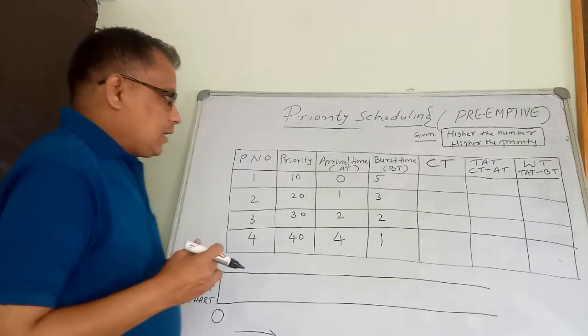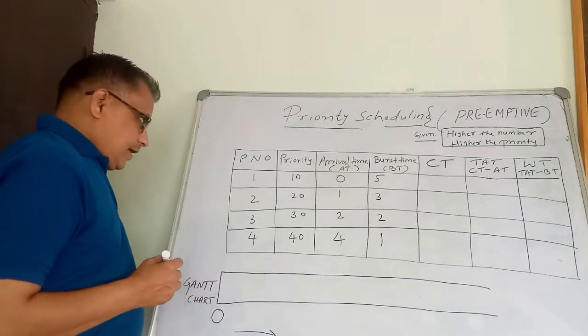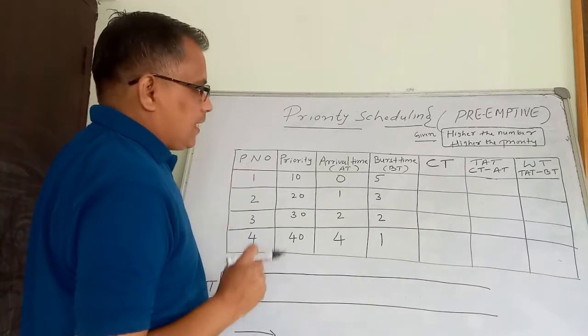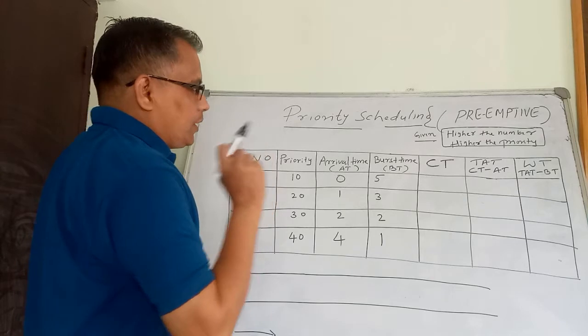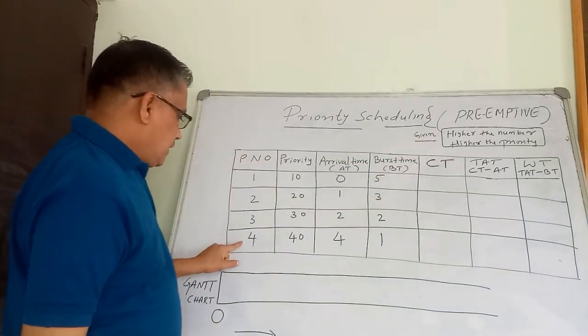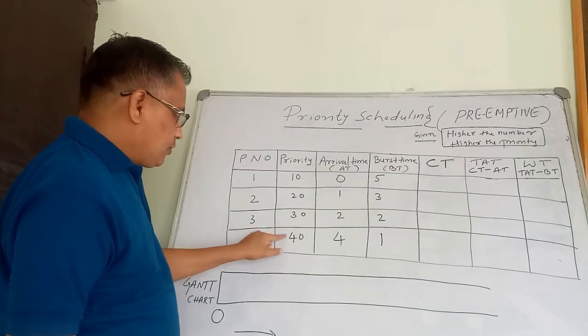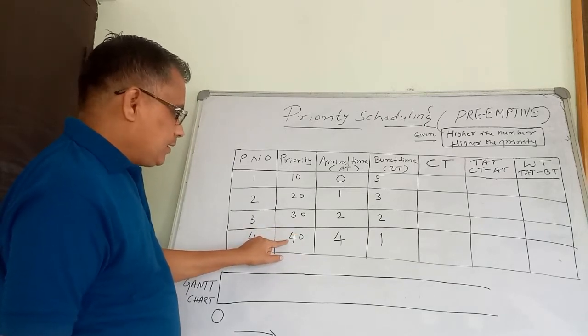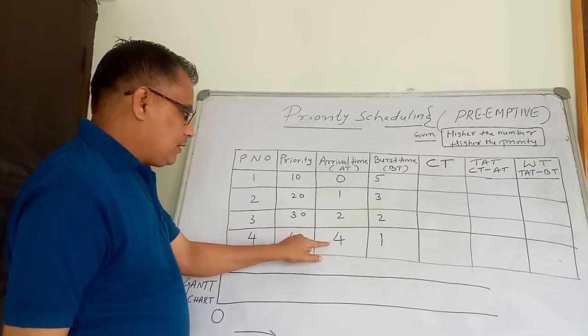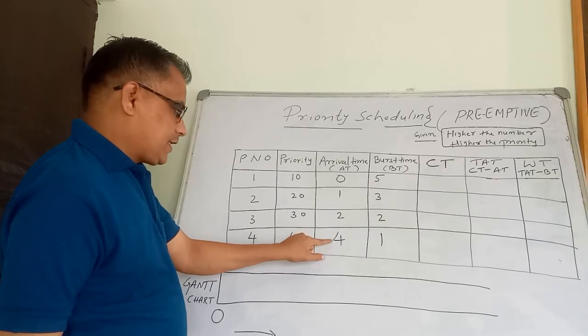Now let us start solving this problem. Once again I will emphasize, higher the number, higher the priority. Now consider this process, priority is 40, obviously I have to consider this priority, but here you need to compare arrival time. The arrival time of this process is 4 seconds.